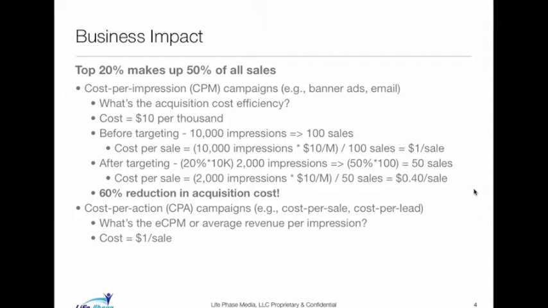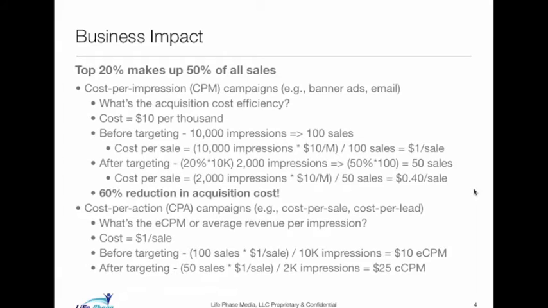Let's assume we were paying a bounty on the CPA campaign, and that bounty was $1 per sale. Before using our age targeting predictive model, we generated 100 sales at $1 per sale using the numbers from above. And it took us 10,000 impressions to do that, which brought our ECPM to $10.